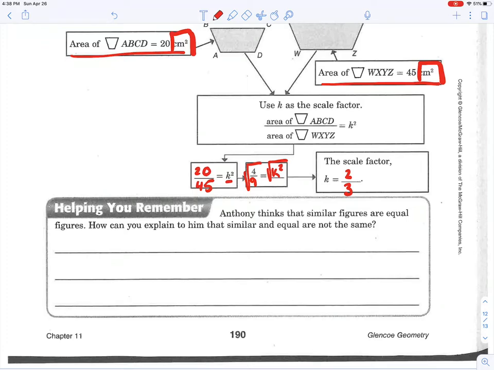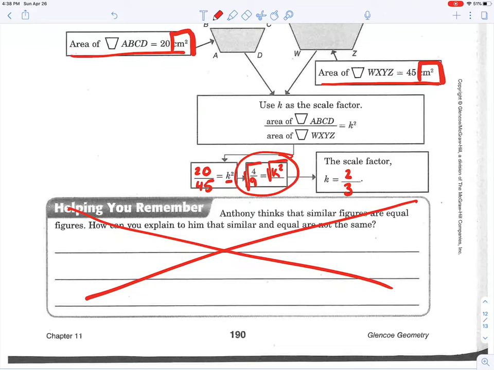So my scale factor is going to be 2/3. The key here is you always have to simplify. If you think about any time that we've ever used our scale factor is always in simplest form. That way, we can easily take our square roots. Alright, so we are going to cross this out here.